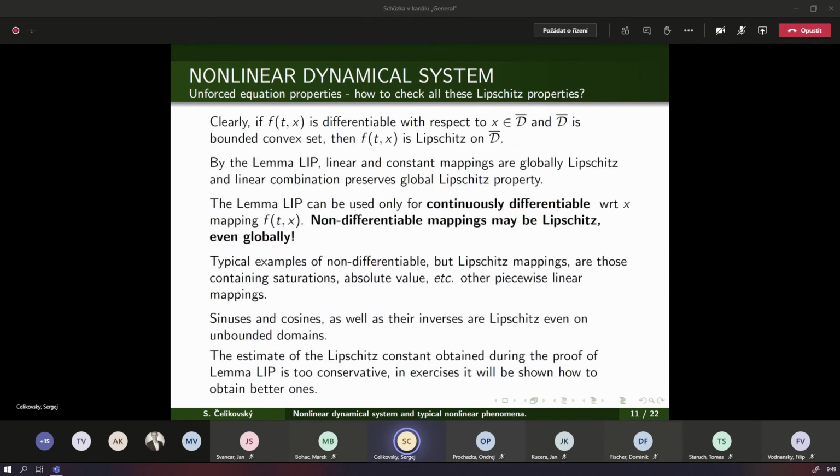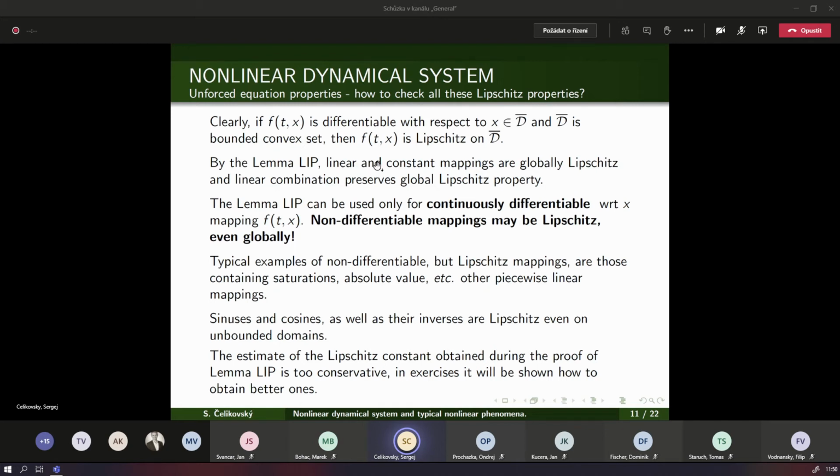Of course, what is much more interesting is to study the global Lipschitz property on some unbounded sets, and preferably on the whole Rn, which will be seen later when we understand how crucial the Lipschitz property is for the existence of solutions of this nonlinear differential equation.